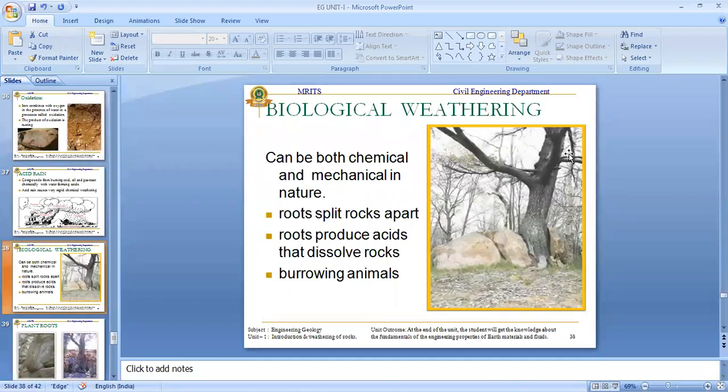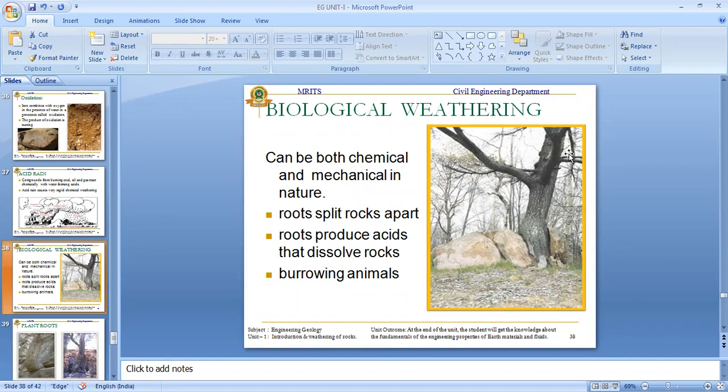Next, in biological weathering, what happens? The living organisms, trees, plants, bacteria, insects, everything depends upon nature, and these impart some forces and break down the rocks into different portions.